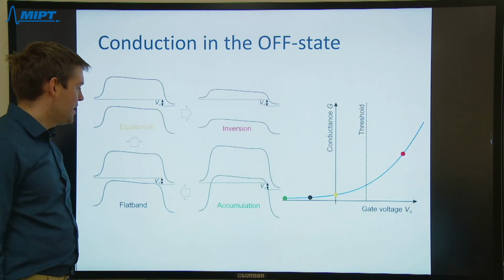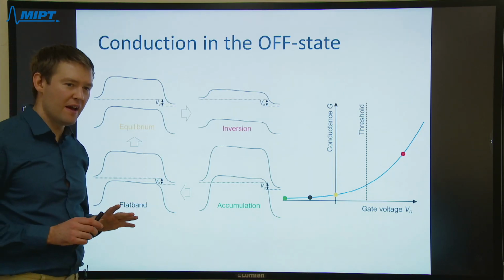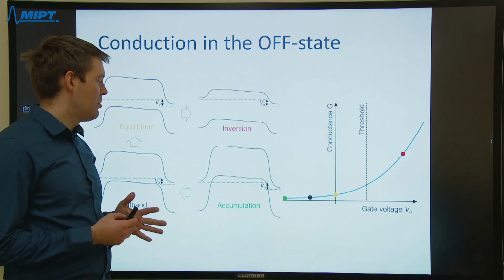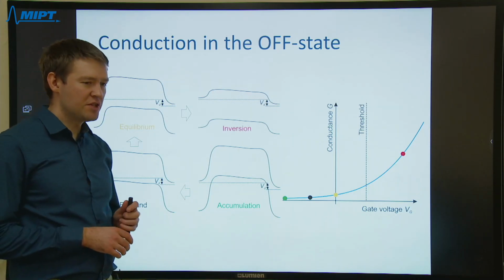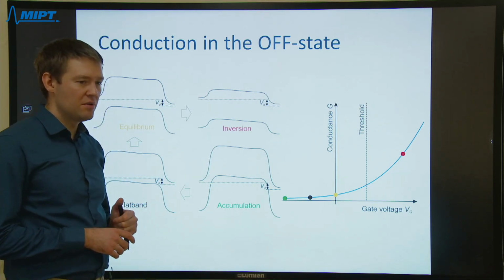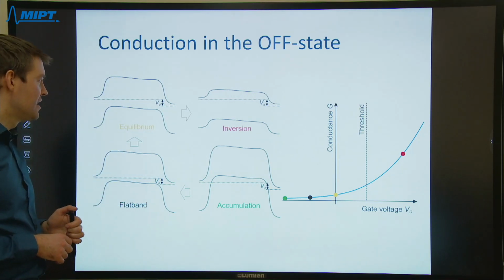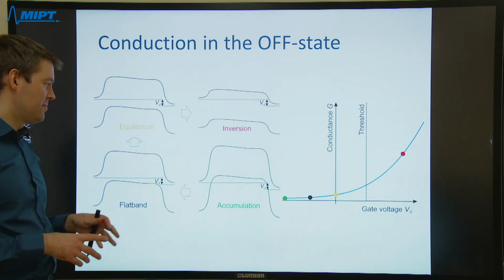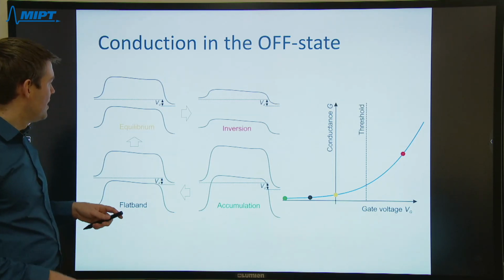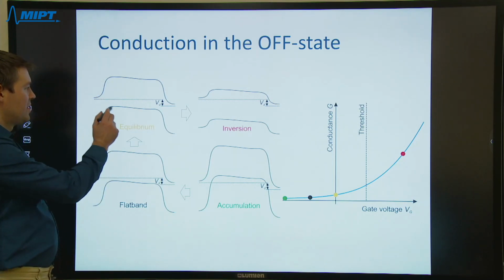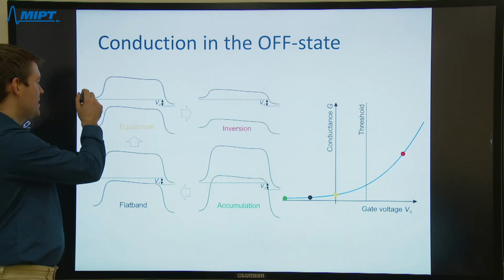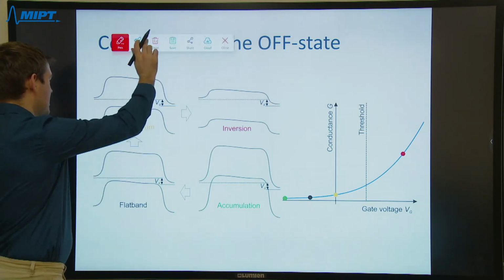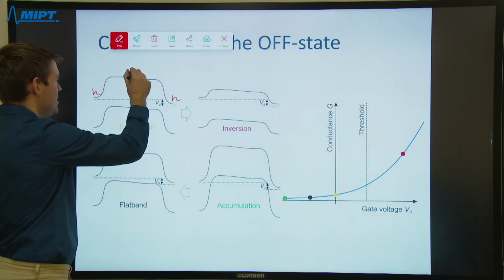If some of you didn't catch the formulas, I will try to give an intuitive picture of why the transistor goes into the off state, because it may be more important to understand this compared to remembering the formulas. When the transistor is in equilibrium, when no voltage is applied to the gate, then we have N-type contacts and a P-type channel.